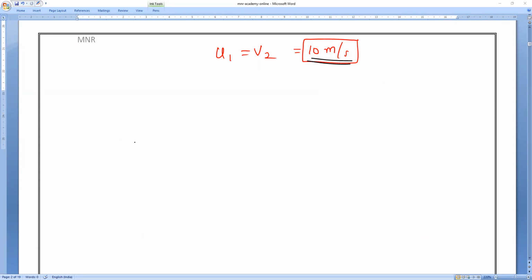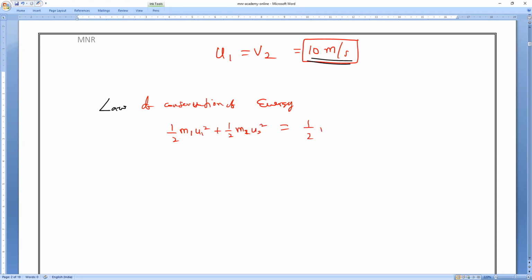Total kinetic energy before collision is equal to total kinetic energy after collision, because here we have to use the law of conservation of energy. Half m1 u1 square plus half m2 u2 square is equal to half m1 v1 square plus half m2 v2 square.